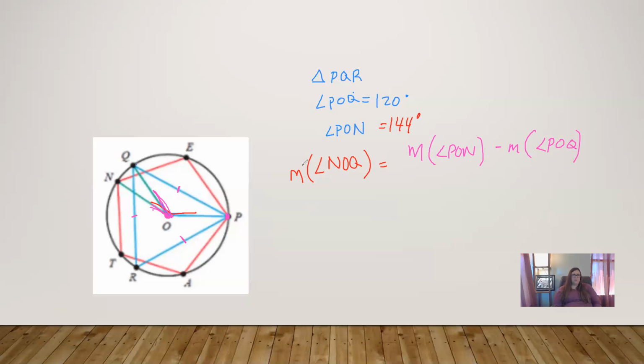So to find angle NOQ, we're just going to subtract angle POQ from PON. Simply just because this is the whole angle right here, and we don't need this to find NOQ. So we're going to take 144 degrees minus 120 degrees, and that's going to equal 24 degrees. So angle NOQ is 24 degrees. Okay.